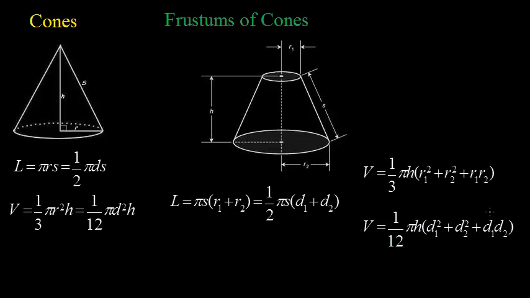We can also use diameters. The same thing here with diameters, except now we have a fraction of 1/12 to accommodate for the larger size of the diameters. We've done a lot of plugging into these types of formulas already, so let's go ahead and take a look at a more interesting case and find the lateral surface area and volume of that case.